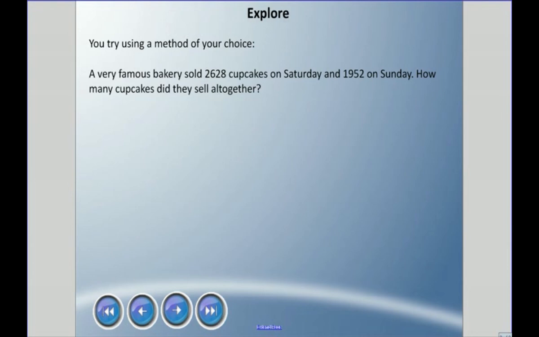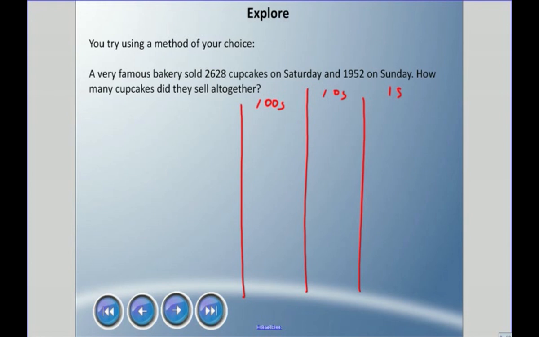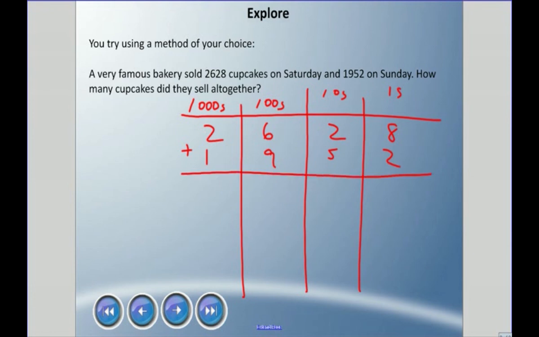4,580. And then the last method we looked at was making those columns. So this was the ones, the tens, the hundreds, and the thousands. And so 2, 6, 2, 8, plus 1, 9, 5, 2. And so this was a 10, this is a 7, this is a 15, this is a 3.